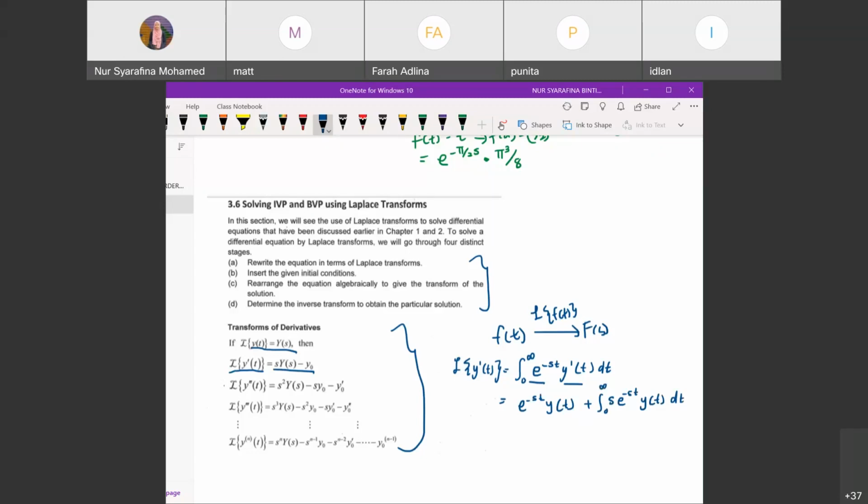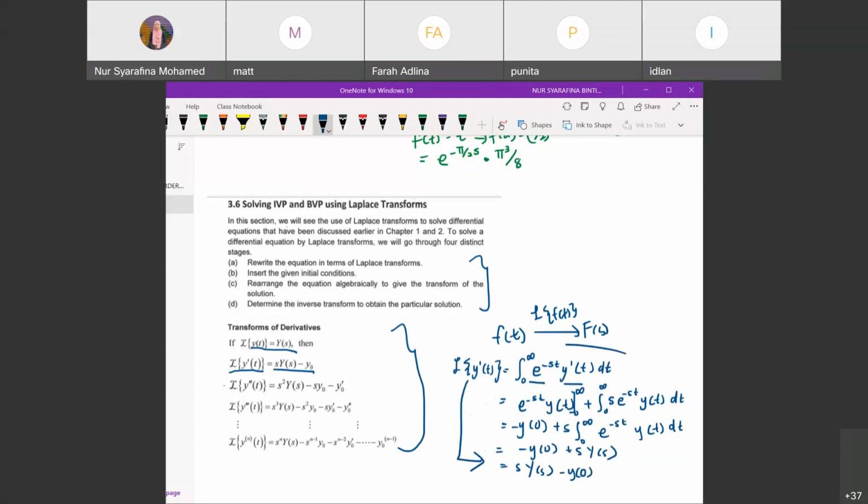All right, then just apply the limit here. So this is how we obtain the transformation.